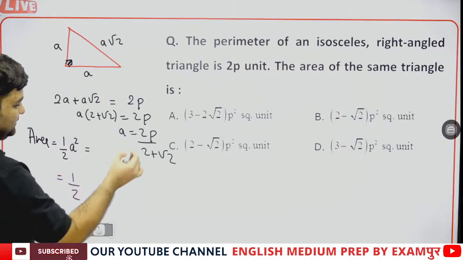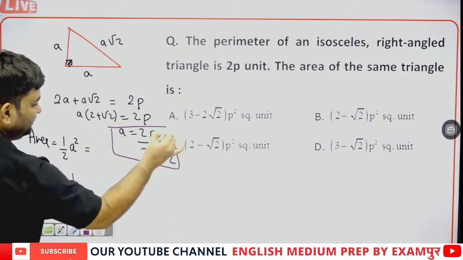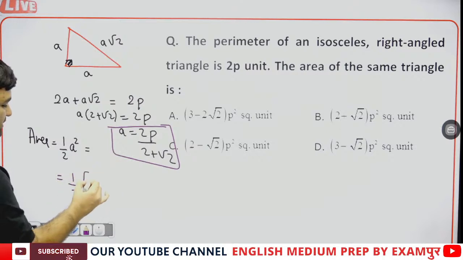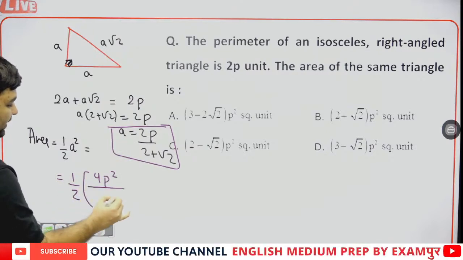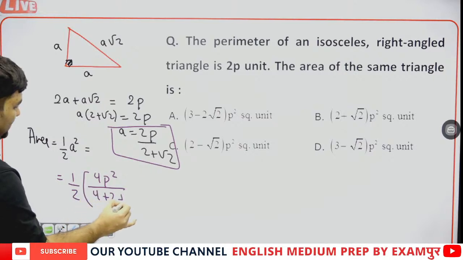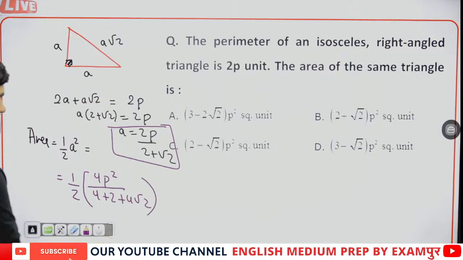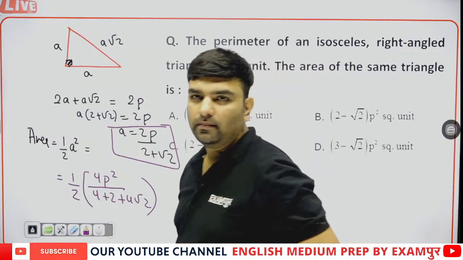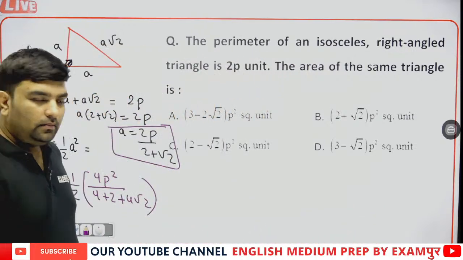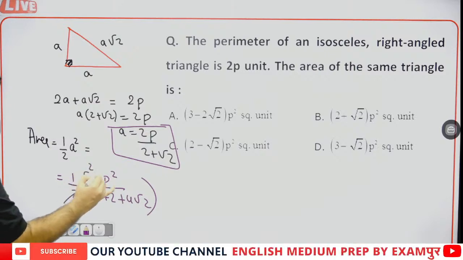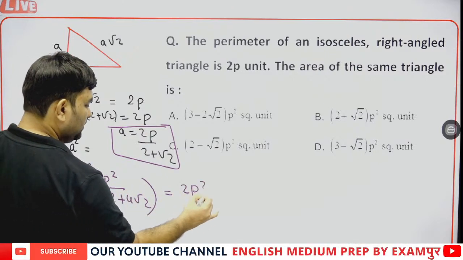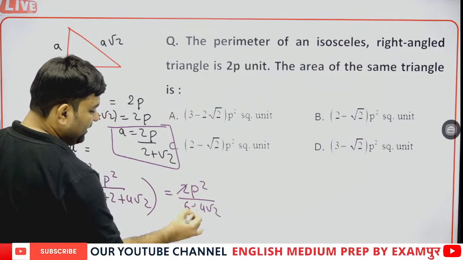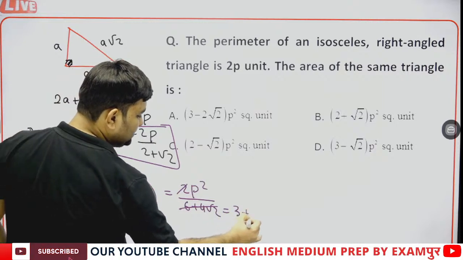So a is 2p upon 2 plus root 2. So its square is 4p square divided by 4 plus 2 plus 4 root 2. Simplify it: 4p square upon 6 plus 4 root 2. Simplify by 2, it becomes p square upon 3 plus 2 root 2.